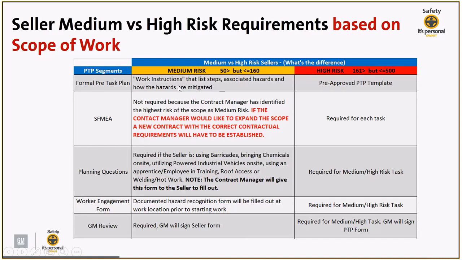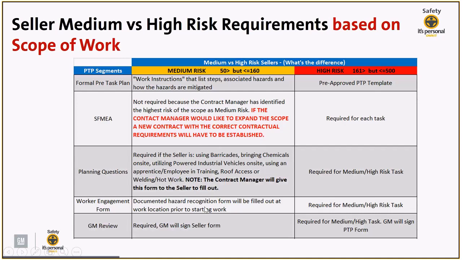We require work instructions that list steps, associated hazards, and how the hazards are mitigated. We also do not require a safety FEMA for every single task because the contract manager has identified the highest risk of this scope of work as medium. So just make sure you note that if the contract manager would like to expand the scope of work, a new contract with the correct contractual requirements will have to be established.